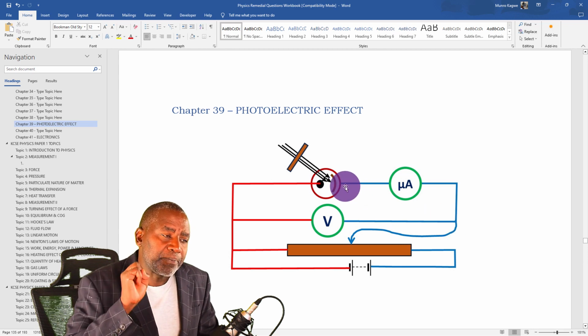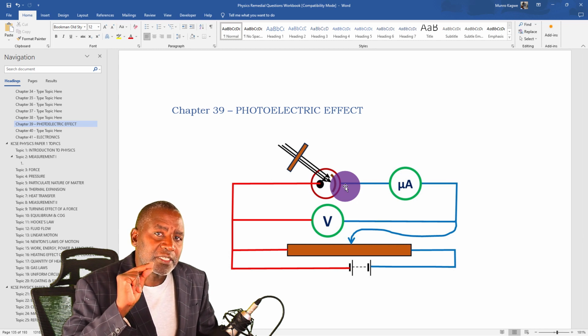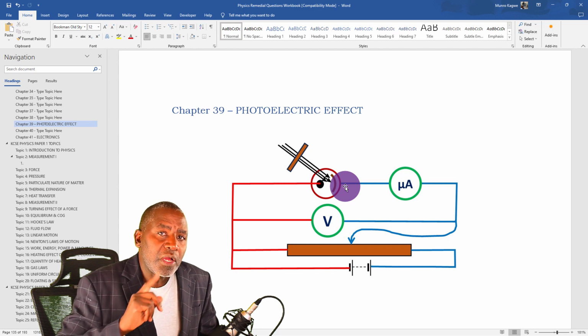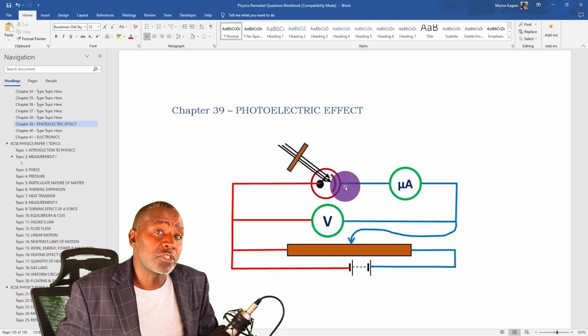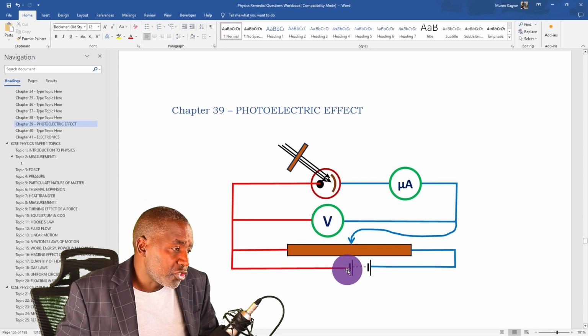What is stopping potential? It is that potential that just prevents the electrons from leaving the cathode. Now, how do we ensure that it stops the electrons from leaving the cathode? It is because of the way this potential is connected. This time, the negative side of the battery is connected to the anode.